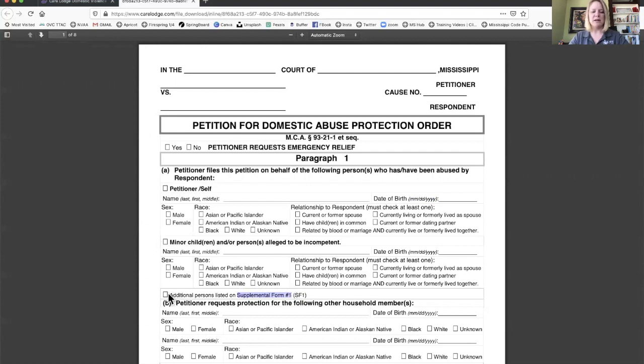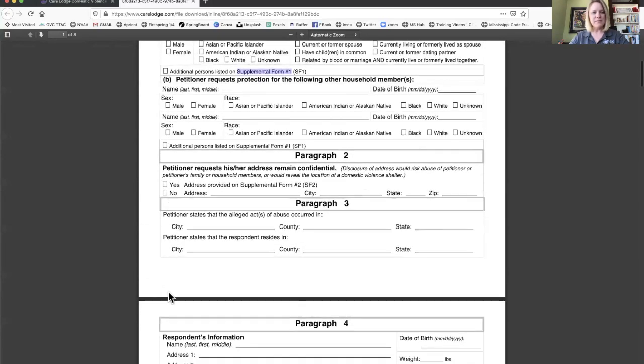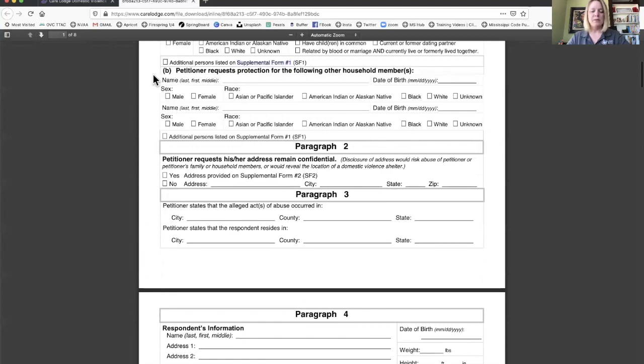But check this box if more than yourself and one minor or a person that is incompetent needs protection. Section B is dedicated to people needing protection inside your household. Perhaps this is a sister or a brother or a mother or a father. If it's more than 2 people, you can use supplemental form number 1 and indicate the additional people there.